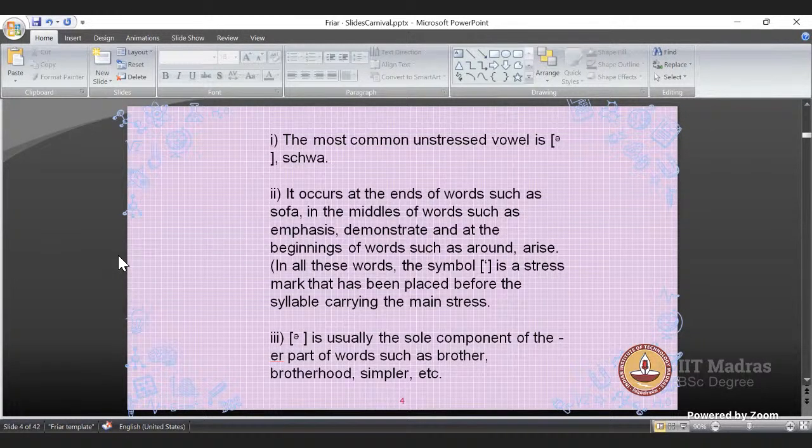Now, when you talk about unstressed vowels, unstressed syllables, the most common one is the vowel schwa. Okay, you see that symbol there, right? Something like a laterally inverted E. So that particular vowel is the unstressed vowel in English and many languages, but mostly in English. It is called schwa.